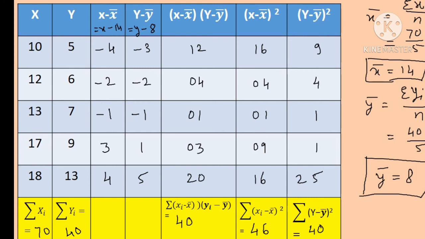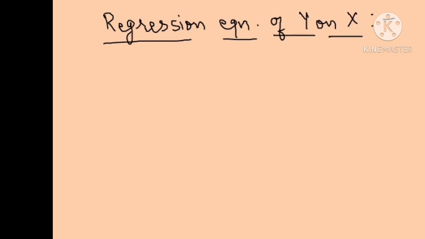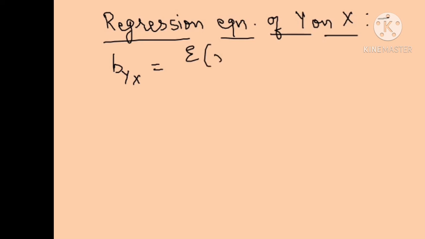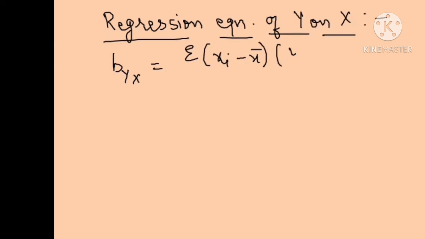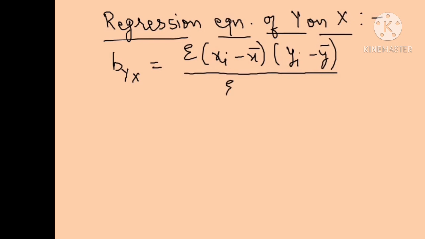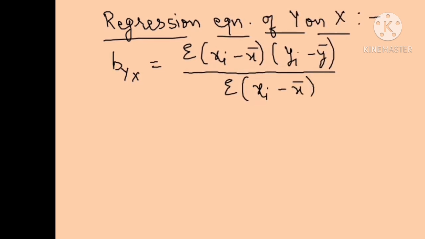So let's move on. So first we will calculate regression equation of y on x. For that we need to first calculate the regression coefficient of y on x, that is byx. The formula for it is summation xi minus x bar into yi minus y bar upon summation xi minus x bar the whole square.